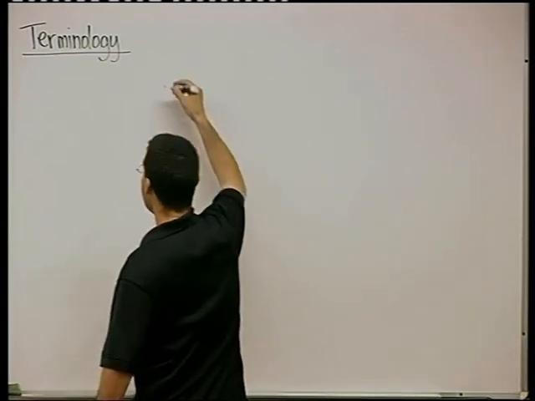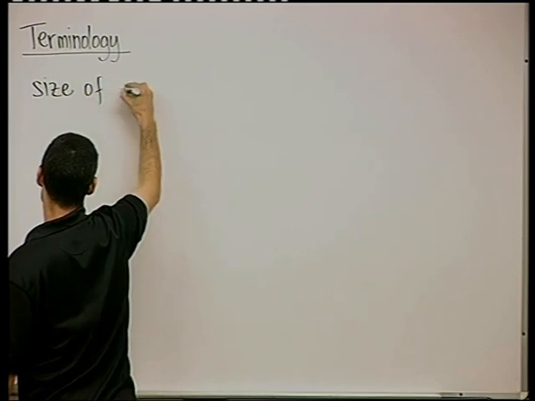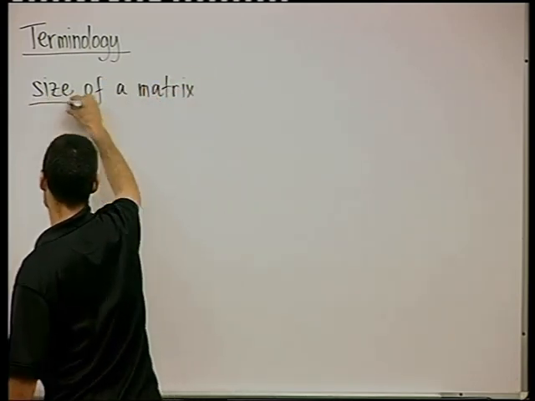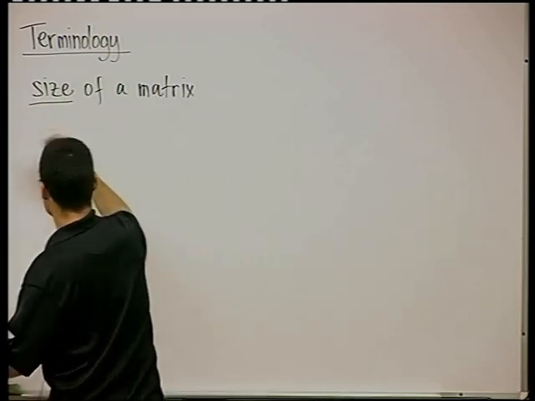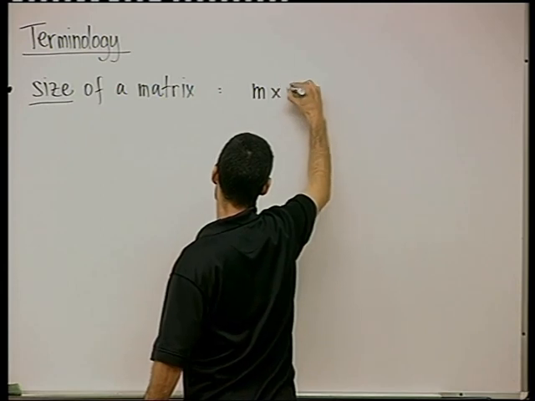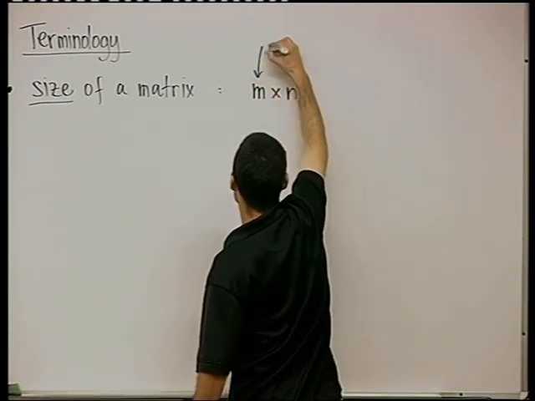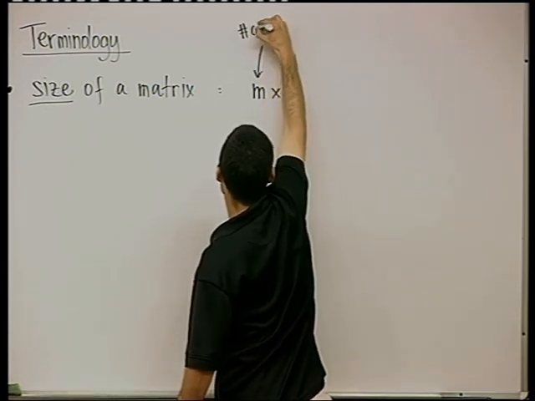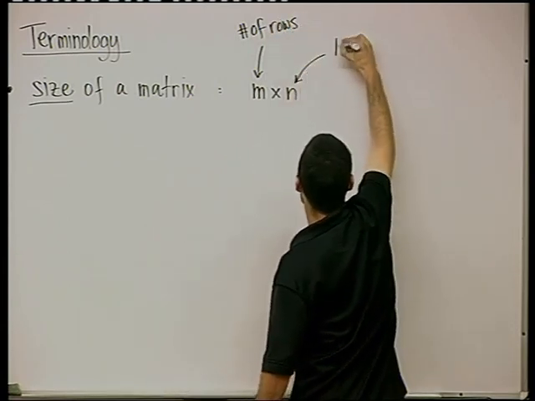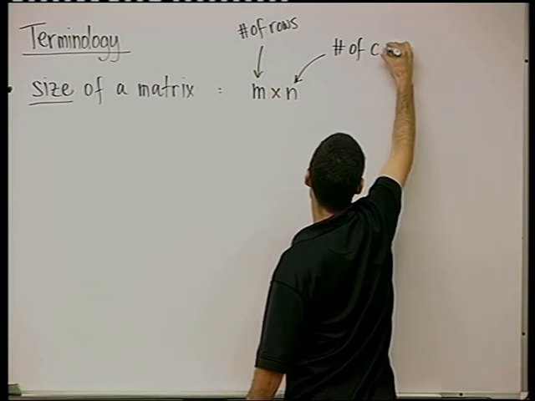So, the size of a matrix, this we already mentioned. The size of a matrix we denote by m times n, where m is the number of rows and n is the number of columns.